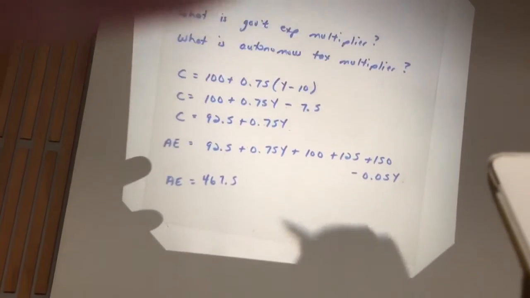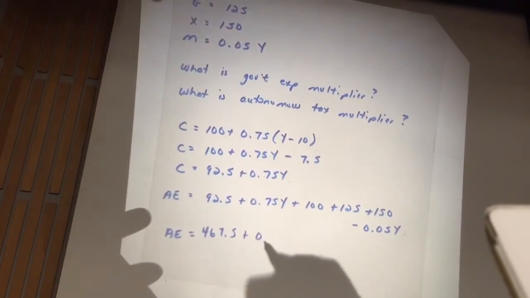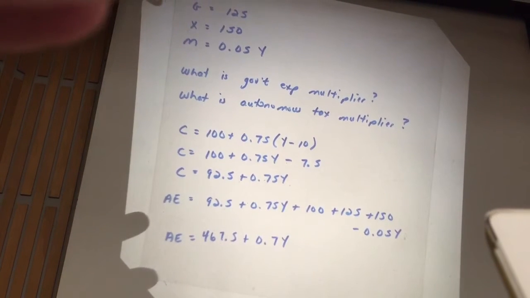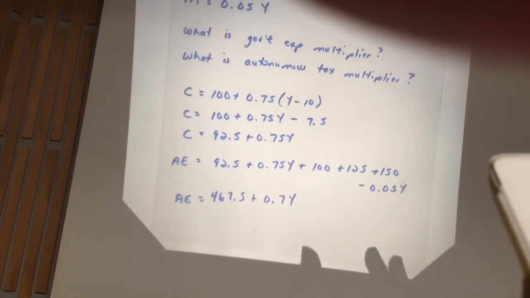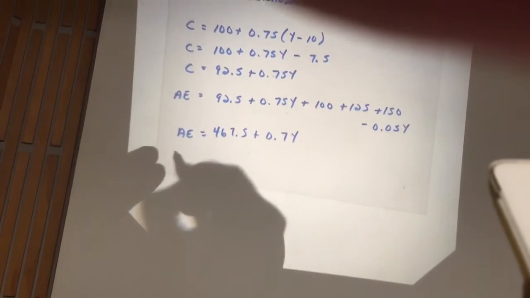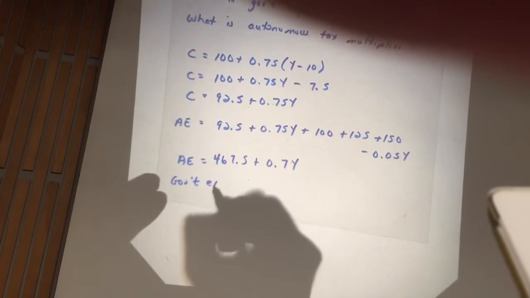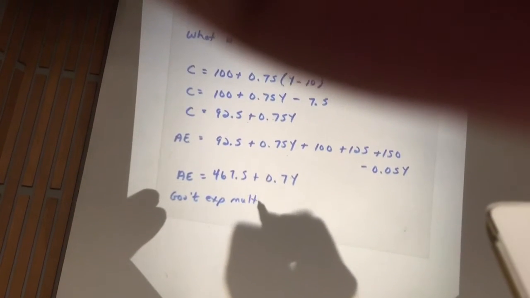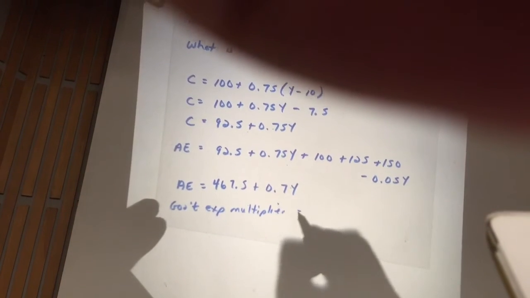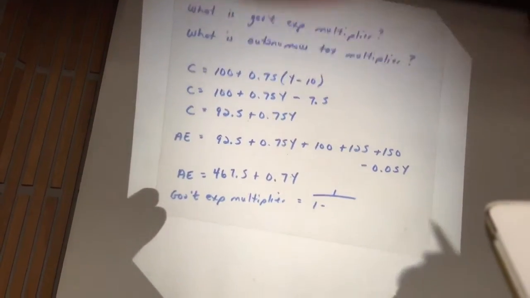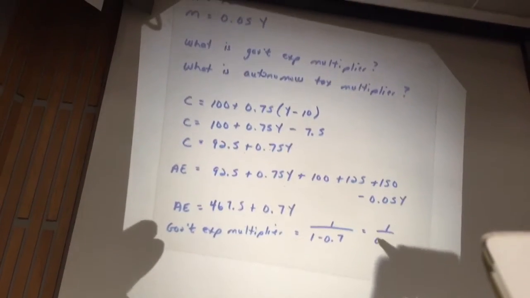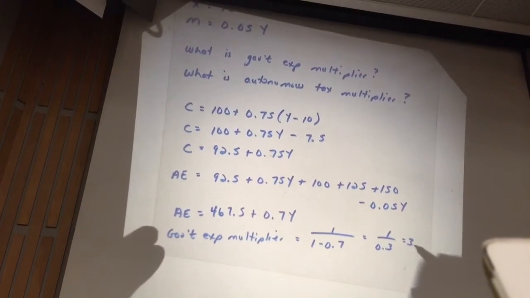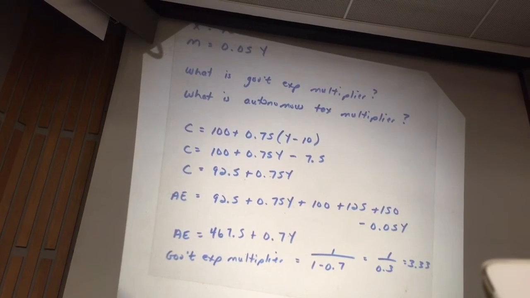So what's my government expenditure multiplier? It's equal to 1 over 1 minus the slope of the AE curve, which is 1 over 0.3, which is 3.33.